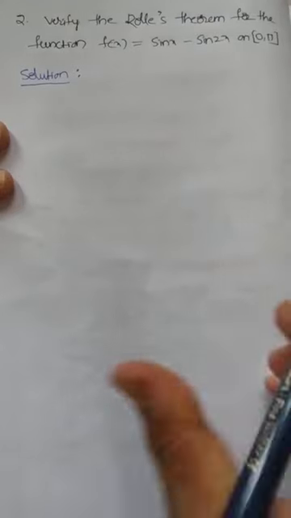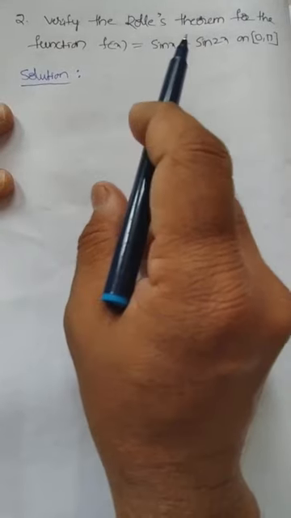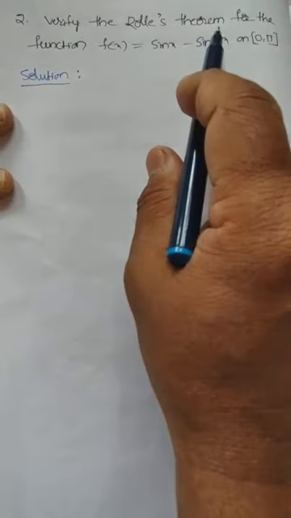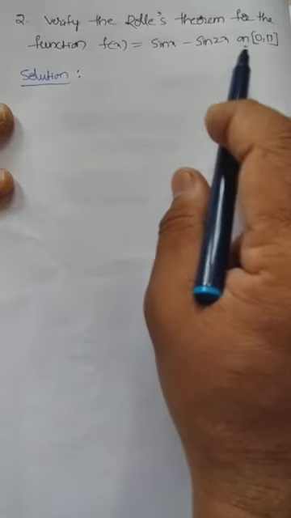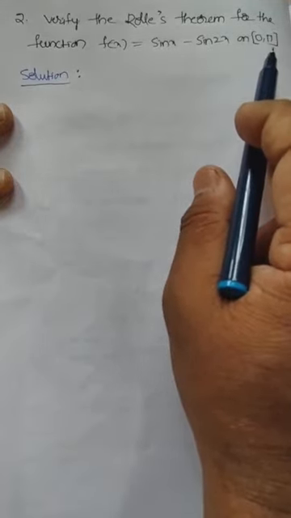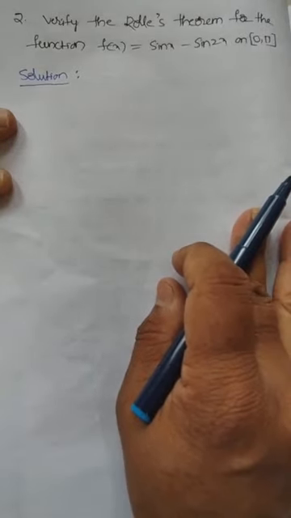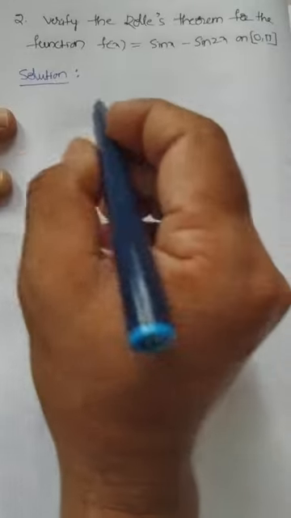Now the second example problem on Rolle's theorem. What is the question? Verify the Rolle's theorem for the function f of x is equal to sin x minus sin 2x on 0 to pi. Okay. So we have to verify the Rolle's theorem conditions regarding this function. So what is our function?